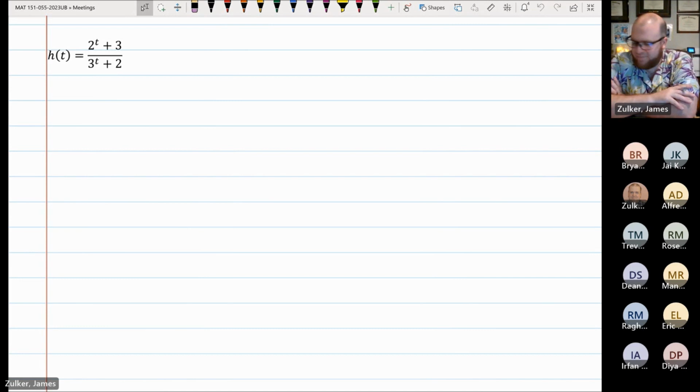Unfortunately, there's nothing we can do here to simplify. This is a quotient, which means we have to use the quotient rule.